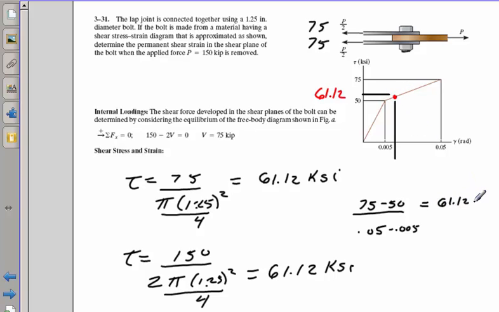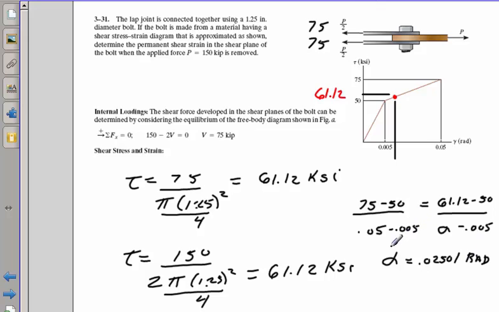You can do rise over run, over this strain value here minus the 0.005. Okay, if you find that value, you'll find out that the strain is going to be 0.02501 radians.